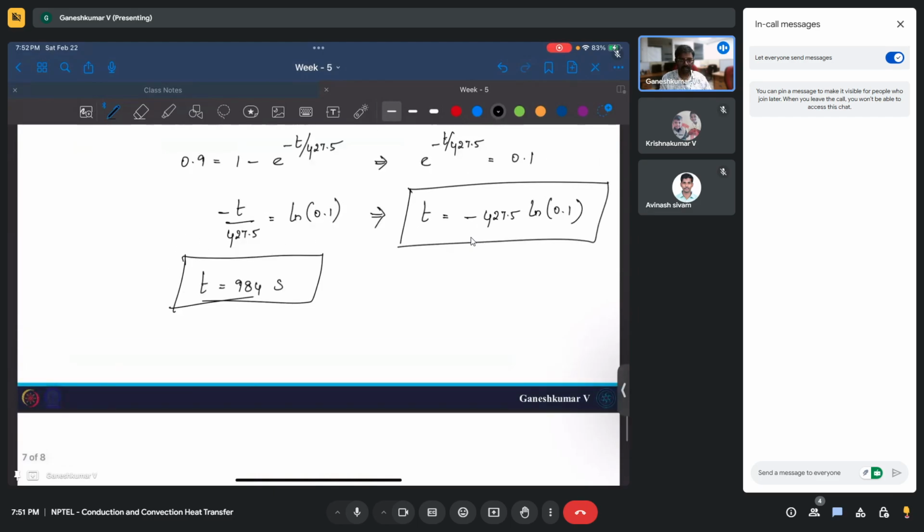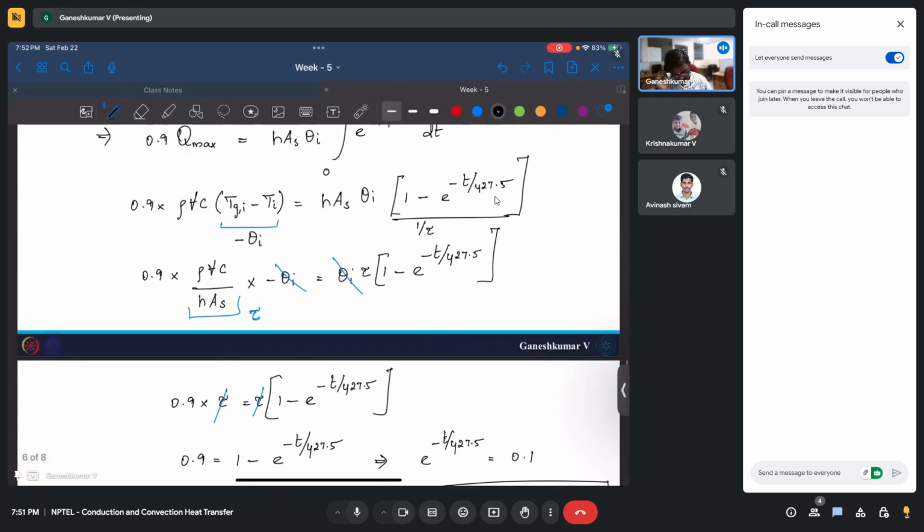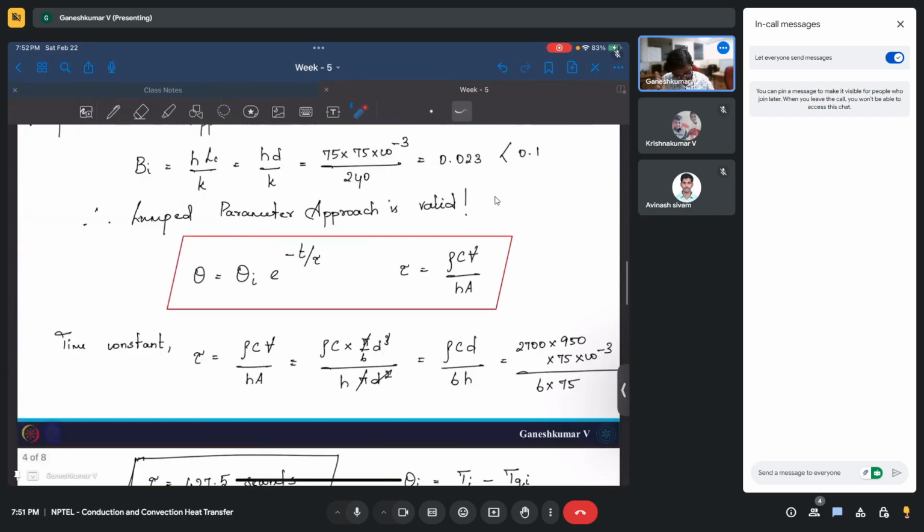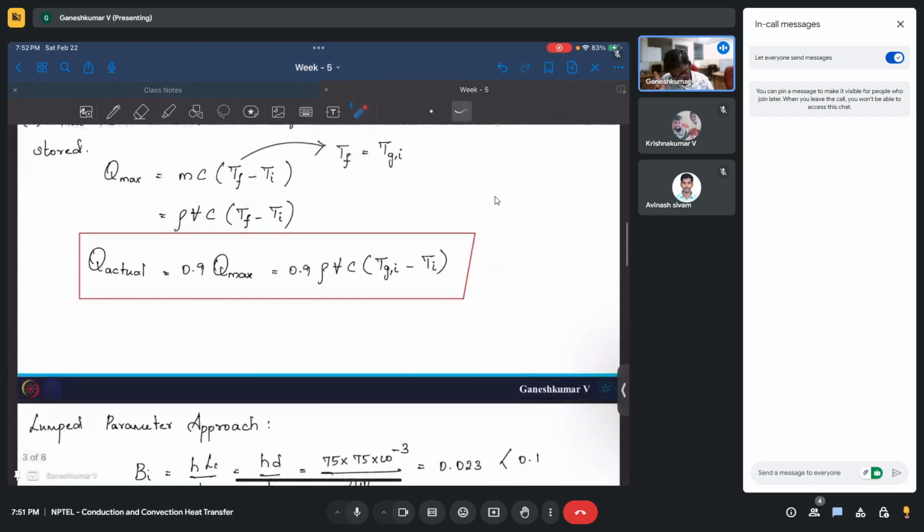So this is the time it takes to store 90% of the maximum available thermal energy. That is what we did. We took energy balance, and from energy balance we did this, but actually there is another way also. Let me tell you, you can use your intuition.